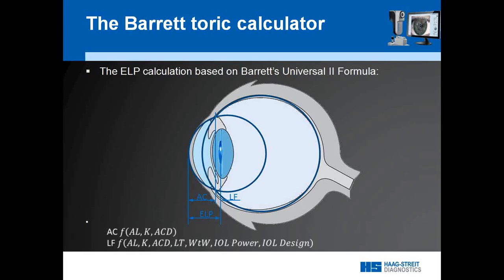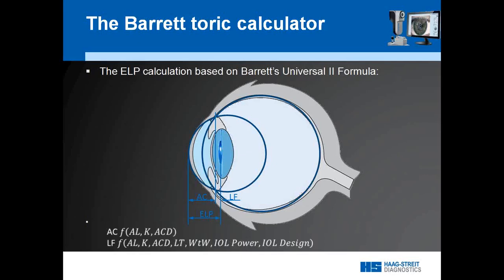He fits two circles into those two anatomic structures, and where they intersect, that's his calculated AC. That's the Barrett formula's anterior chamber. He then adds the correction, the lens factor, which depends on the anatomic measurements as well as on the lens power and IOL design. That's his lens position. With this two circle approach, he also gets the diameter of the ciliary body.